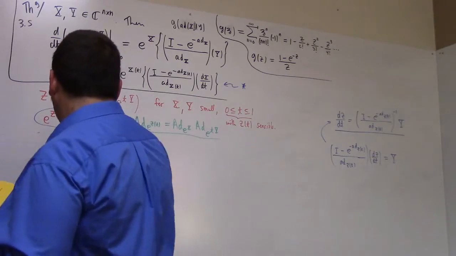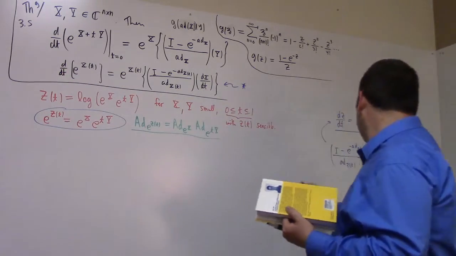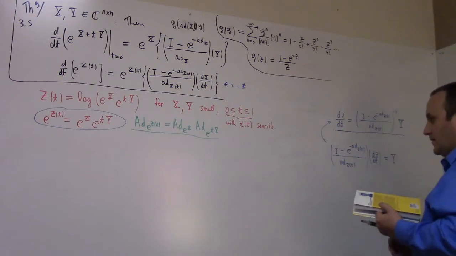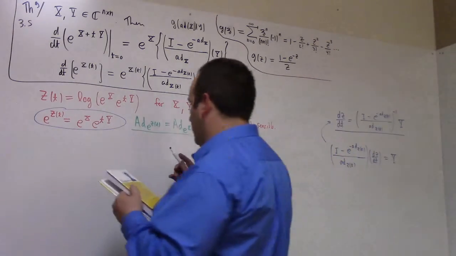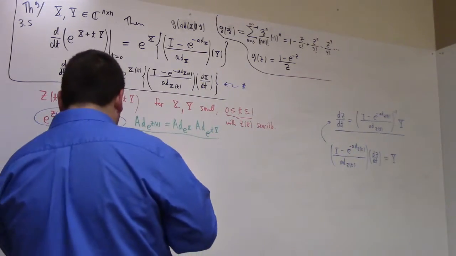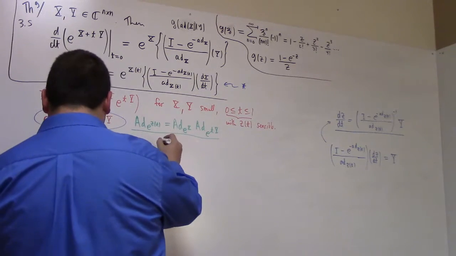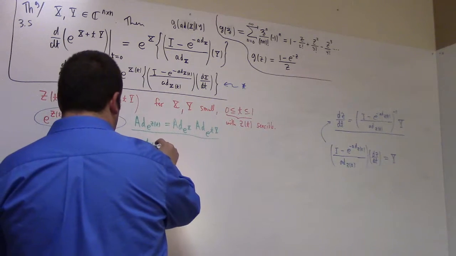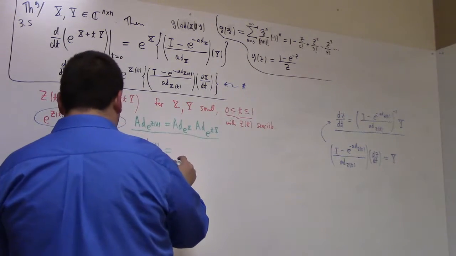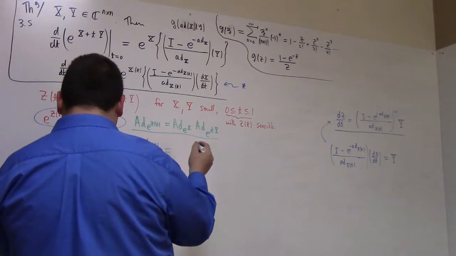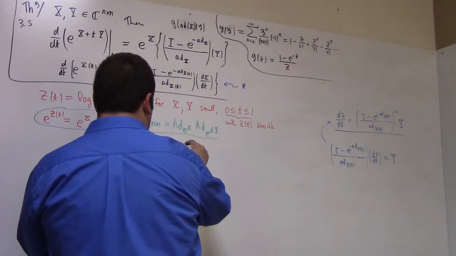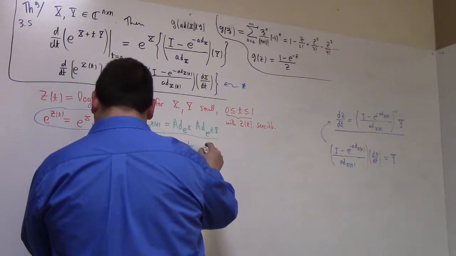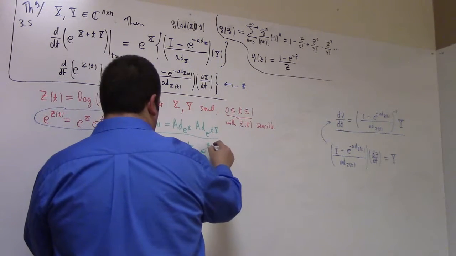So what's that then? E to the little add is big add. So this converts to e to the little add of z of t equals e to the little add of x, and that's e to the t times little add of y.